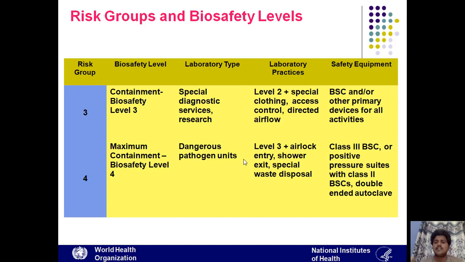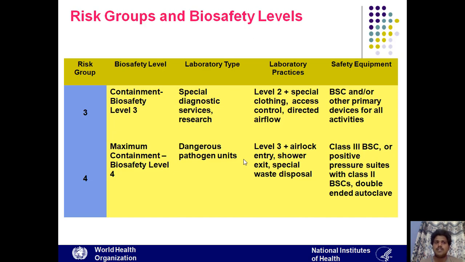Then here the safety equipment are class 3. The biosafety cabinets are class 1, class 2 and class 3. Here class 3 biosafety cabinets are positive pressure suits, which I have shown in the opening slide.